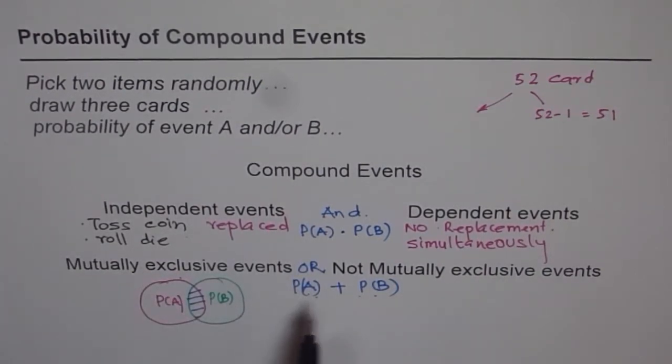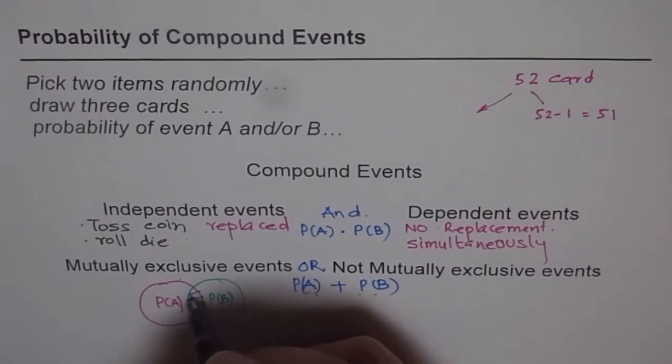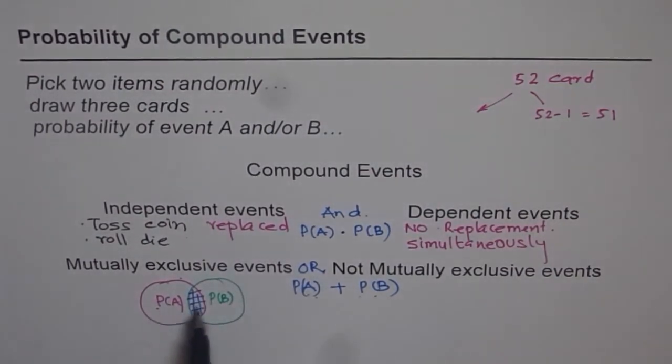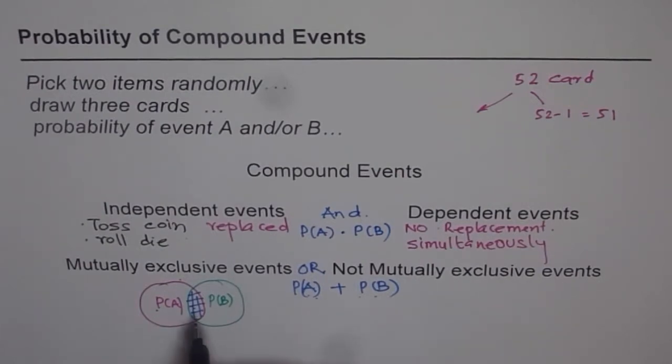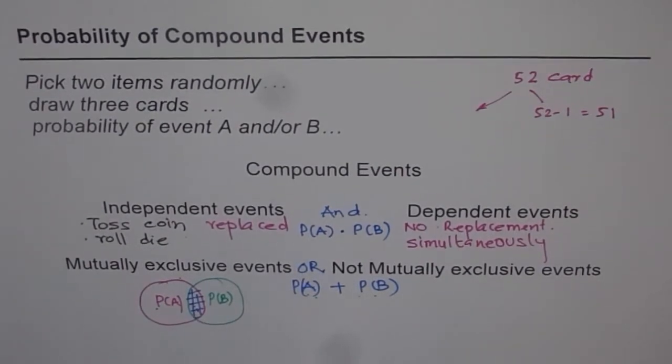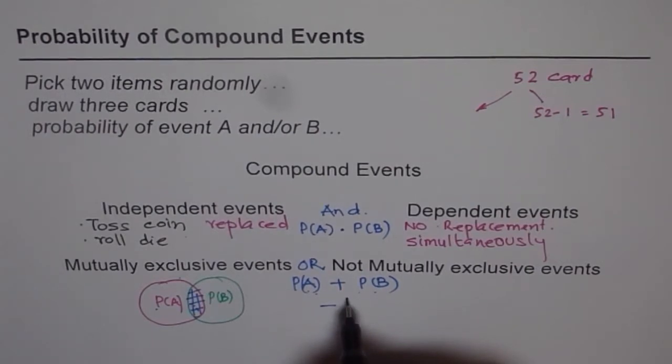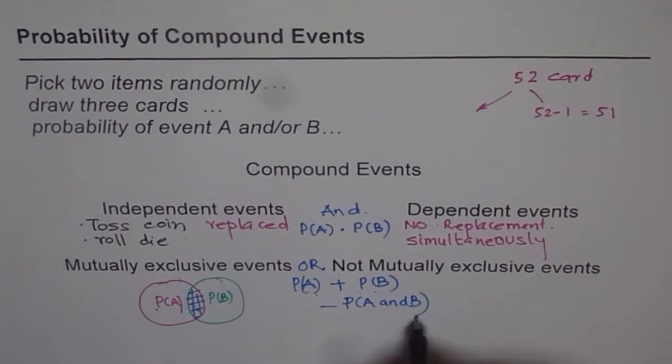Now if you are interested in OR, we will add probability of A and B. But when you do so, you add this portion twice, once with A, once with B. Therefore, in such cases, what you are adding twice, it is common between the two, should be taken away. So in this case, we have to take away probability of A and B, right?